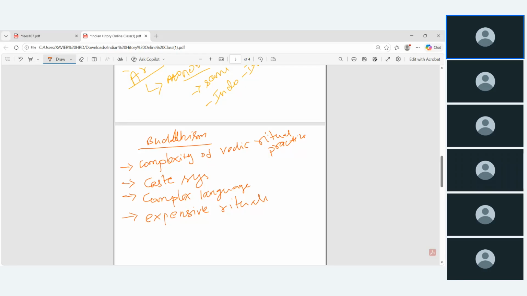Okay, so because of these reasons, Buddhism and Jainism were attracted by the common people.